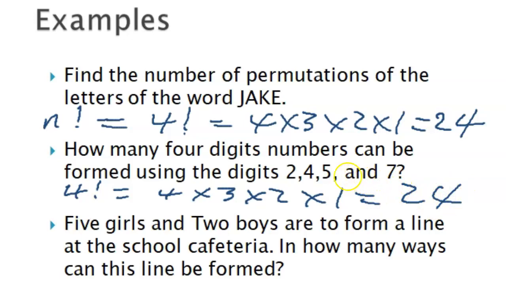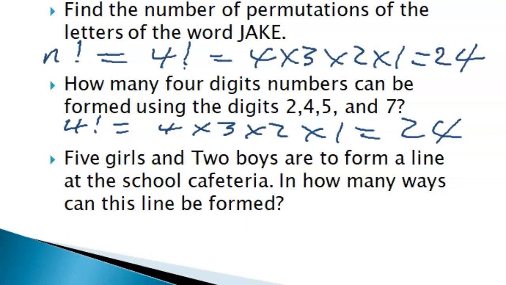24, just the same. Next, 5 girls and 2 boys are to form a line at the school cafeteria. In how many ways can this line be formed? So 5 girls and 2 boys, that's 7 persons, and all of them are unlike because no 2 persons are the same, even if they are twins.